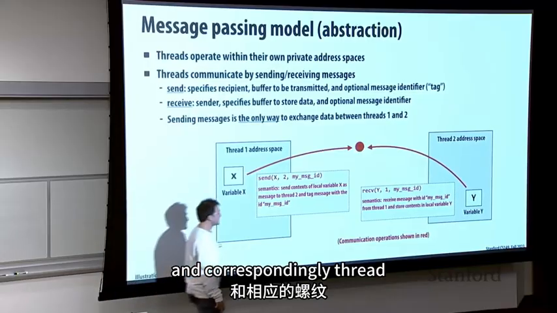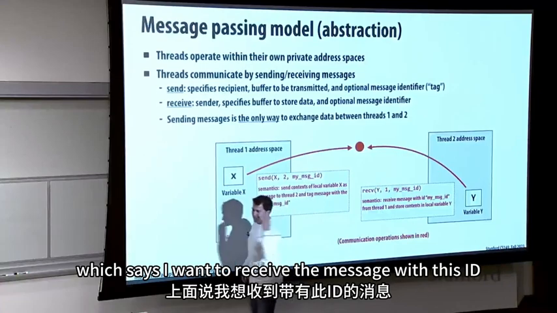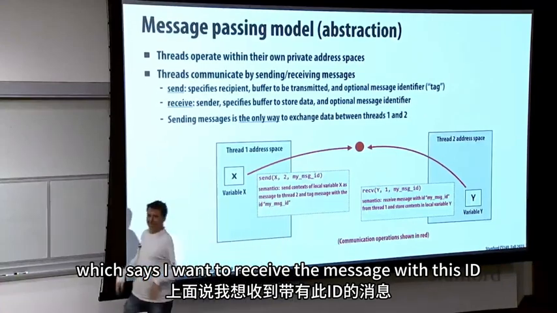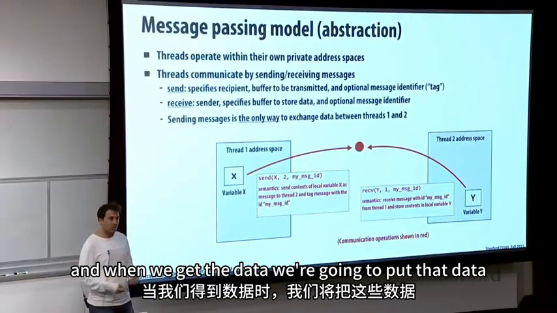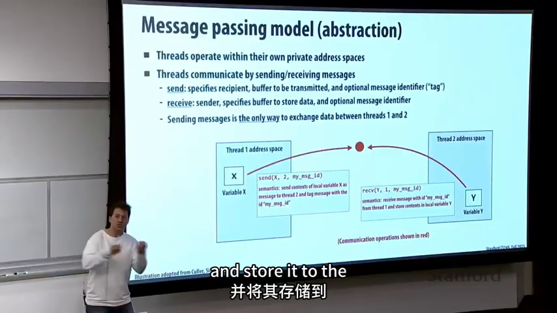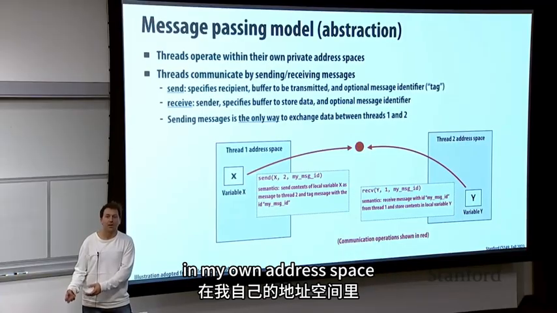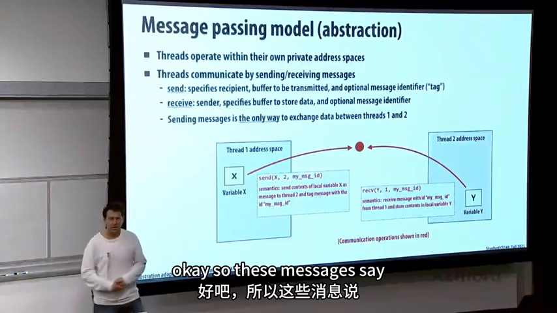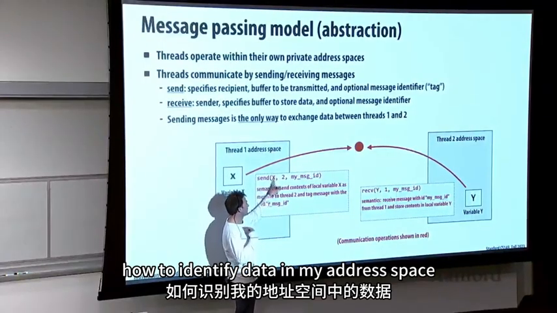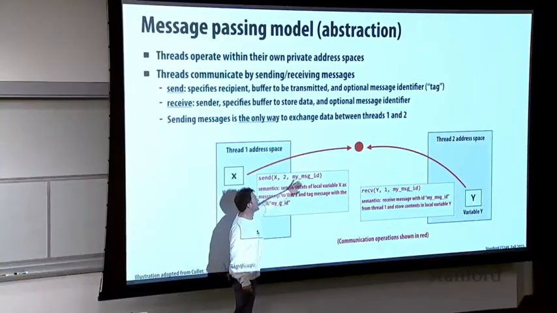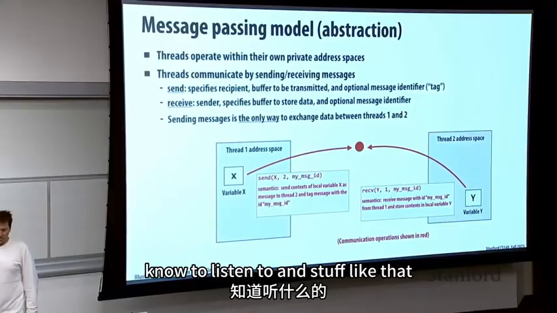And correspondingly, thread 2 is going to post a receive, which says, I want to receive the message with this ID from thread 1, and when we get the data, we're going to store that data as the contents of the address Y in my own address space. Okay? So these messages say how to identify data in my address space, who is it going to go to, and is there an abstract ID that the other side can know to listen to, and stuff like that.